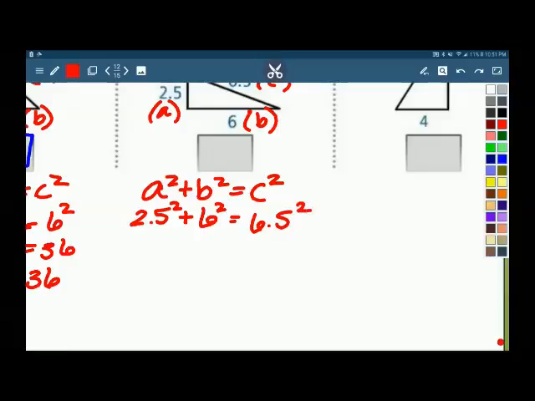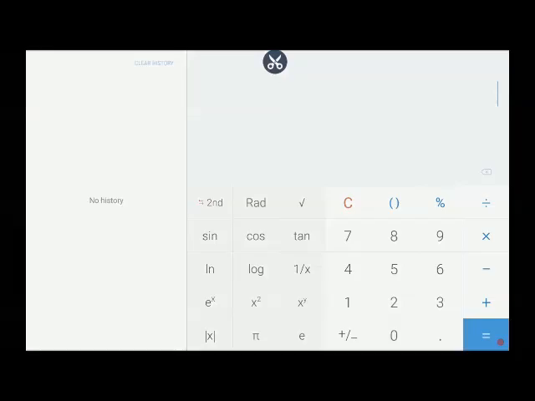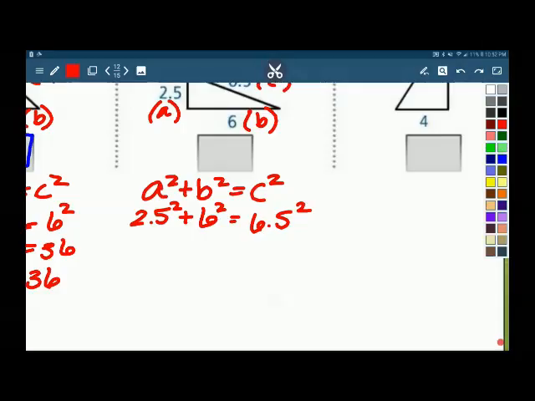Now, since that's a decimal, it's not whole numbers, I may need to go to my calculator. So I've got 2.5 squared. I don't want to round that either, 6.25. So I've got 6.25 plus 6 squared, which is 36. Does that equal 6.5 squared?